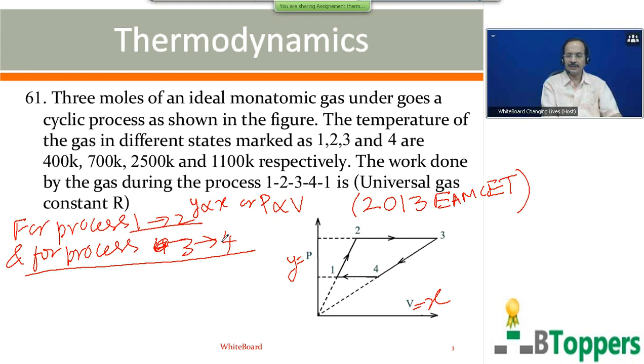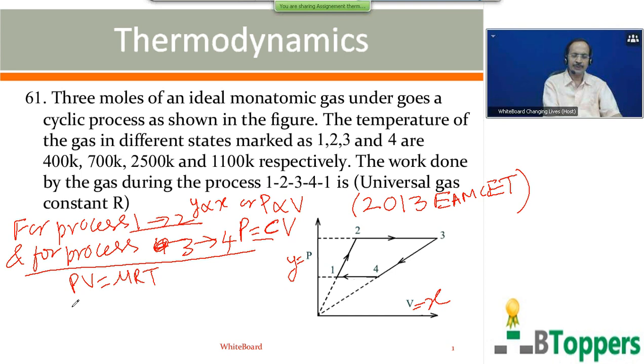So you can write a general equation for calculating work done for these two cases, process 1 to 2 and 3 to 4, in terms of change in the temperature of the gas, using this relation P proportional to V and the gas equation. So P equals some constant into V, let's denote the constant of proportionality C. From the perfect gas equation, PV equals mu RT.